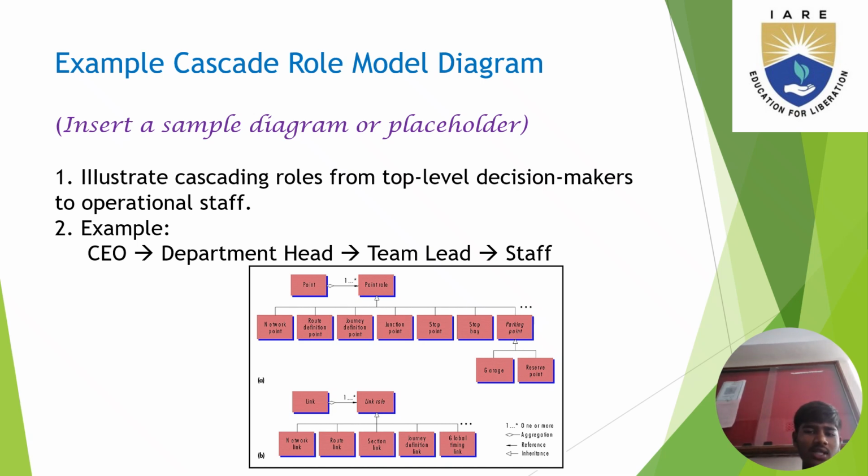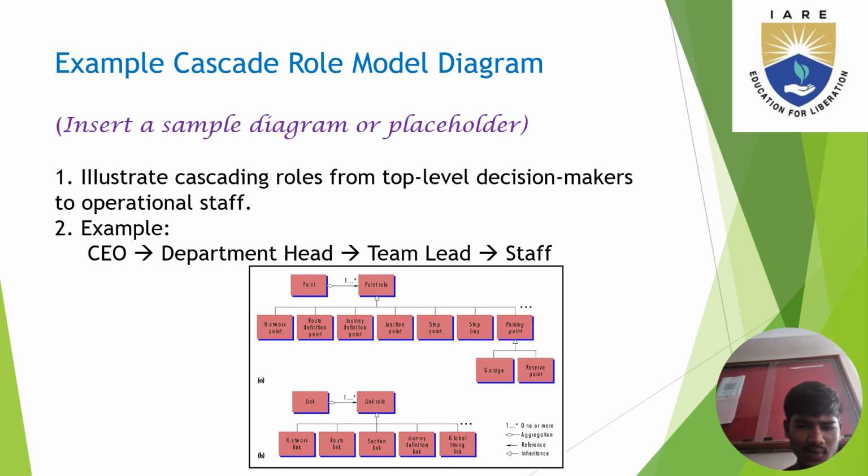Here is an example, a cascade role model diagram. Insert a sample diagram or placeholder. We can see this diagram. It illustrates cascading roles from top-level decision makers to operational staff.